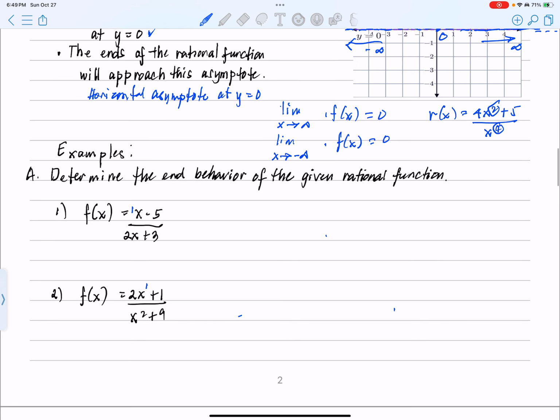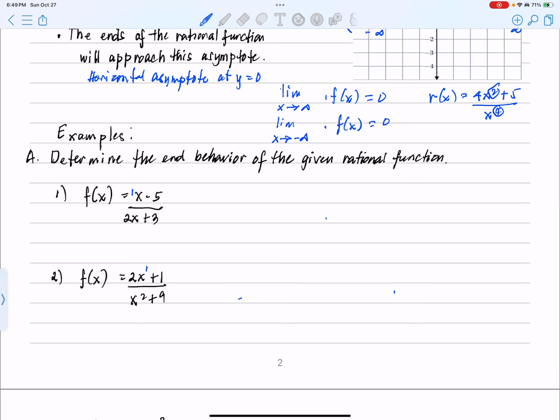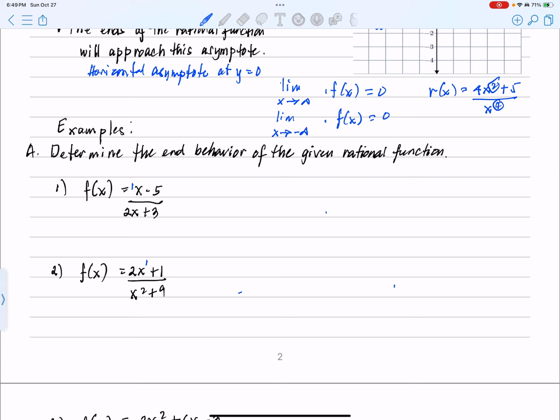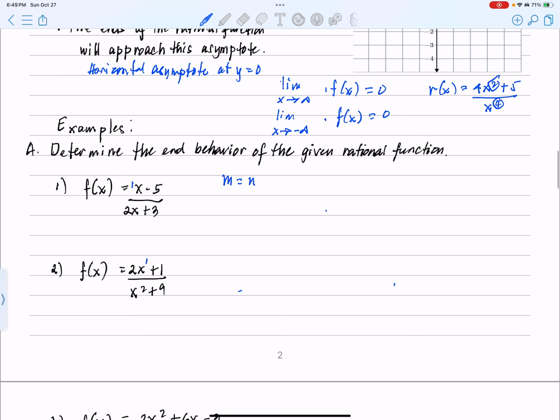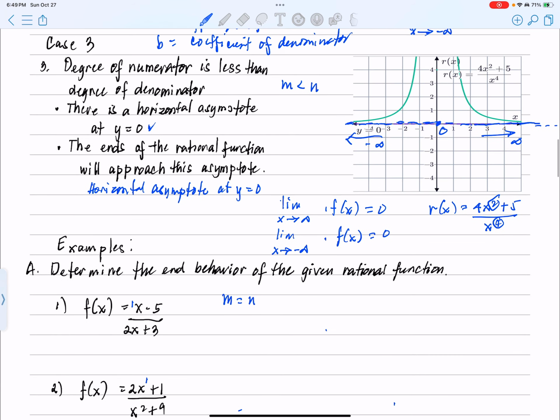Determine the end behavior of the given rational function. f of x equals x minus 5 over 2x plus 3. Alright, so look at the degree of the numerator and the denominator. So m equals n. They're equal, first degree. So what case is that when they are equal? Case 2.